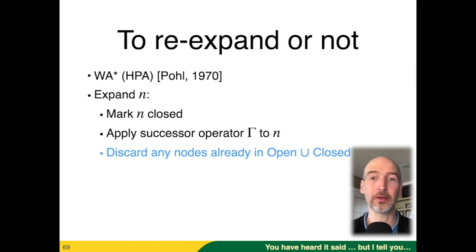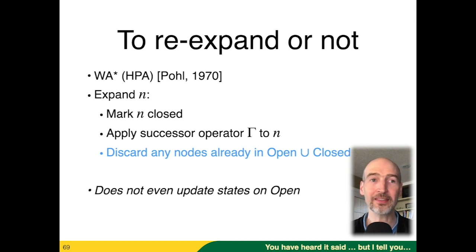It doesn't update the cost of a state on open. And of course, it doesn't take a node off of closed and put it back on open either. And so there's very different behavior there. Most implementations of weighted A star today would update states on open, and whether they reopen nodes on closed is something we'll keep looking at. So that's important. It doesn't even update states on open.